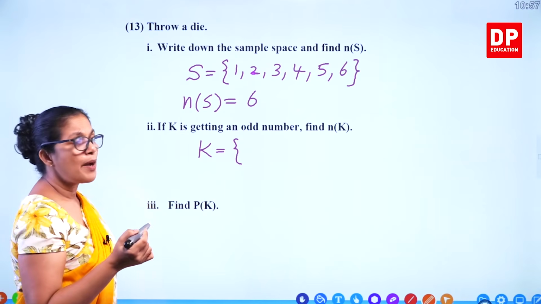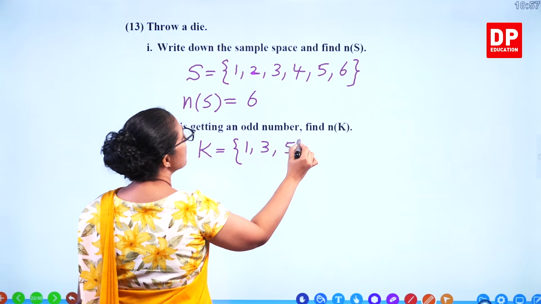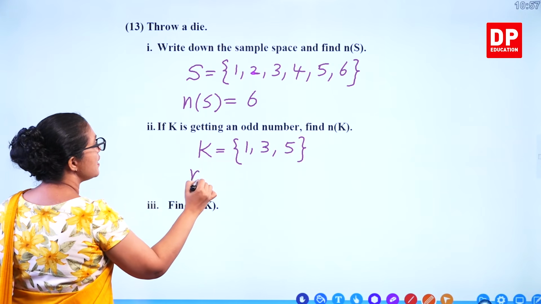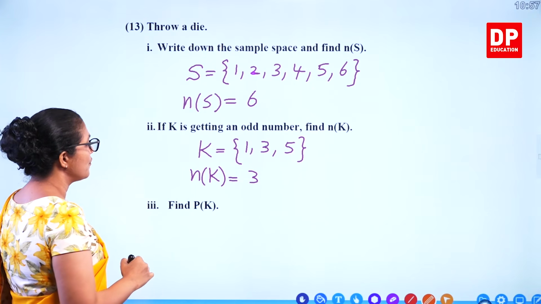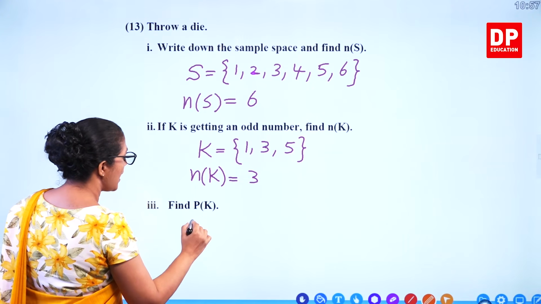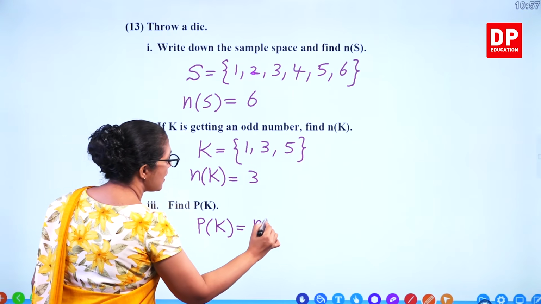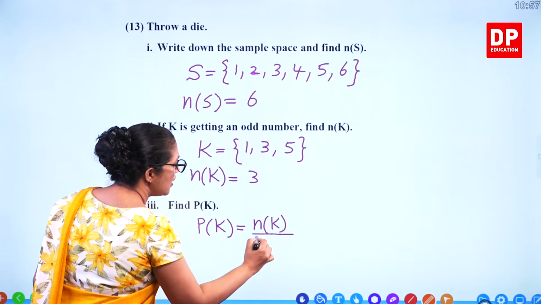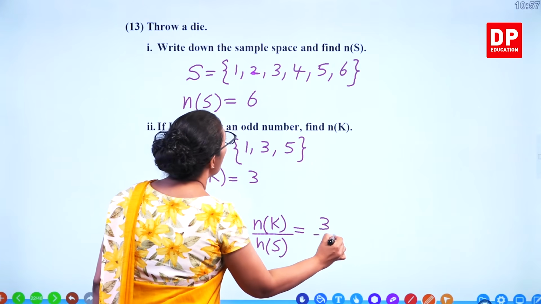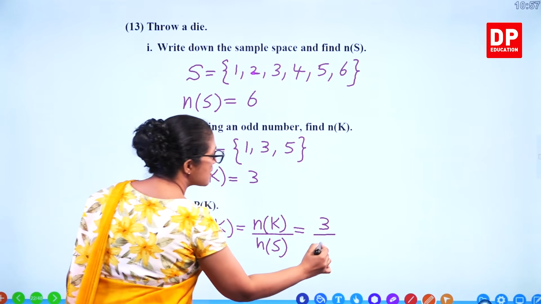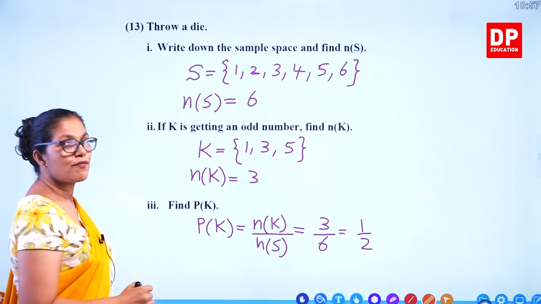So what are the odd numbers there? 1, 3, 5. So 3 possibilities are there. So NK is 3. So what is the probability of getting K? Probability of getting K equals NK over NS. 3 over 6. When you simplify, you get half.